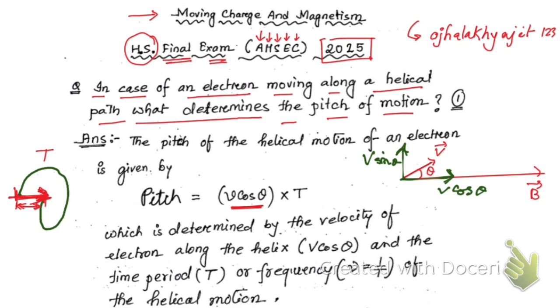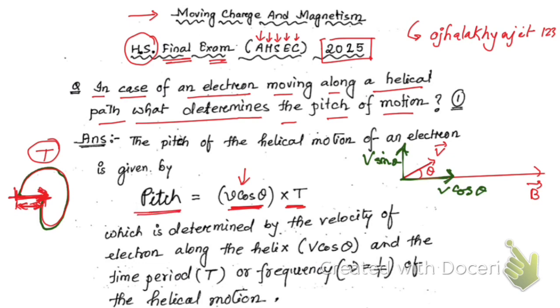Here they are talking about an electron, so we are going to consider an electron. Let capital T be the time period, the time required to complete one cycle. During this time period, the distance covered in the horizontal direction with this speed is given by speed into time, and that distance is called pitch.